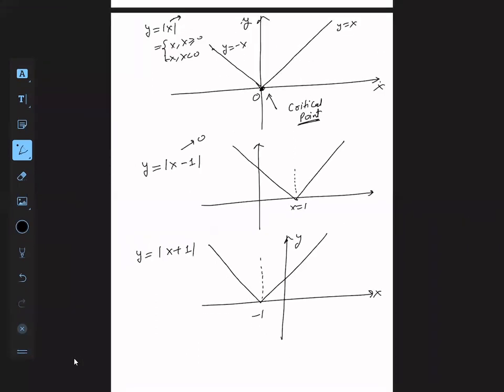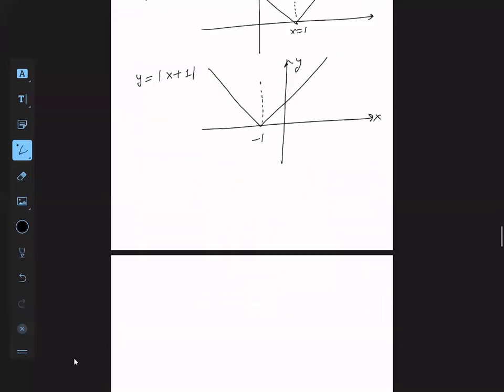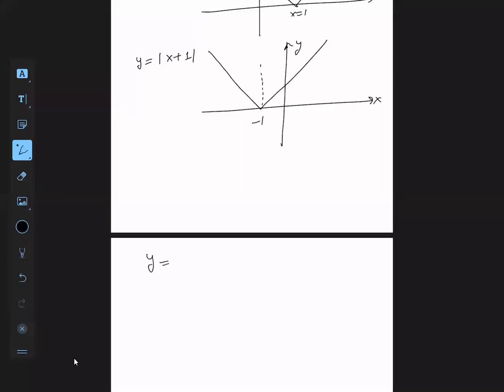So are you getting these three graphs? Have you understood? Let's say there are multiple mods. Let's say y is equal to mod x minus 1 plus modulus of x plus 1.